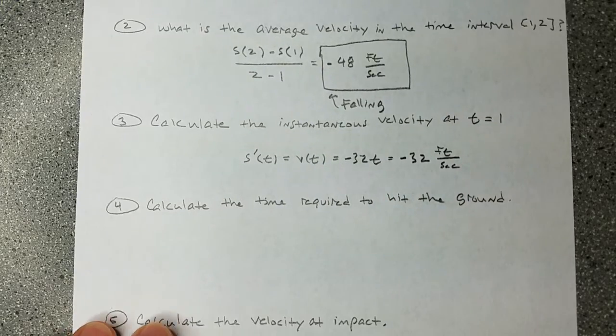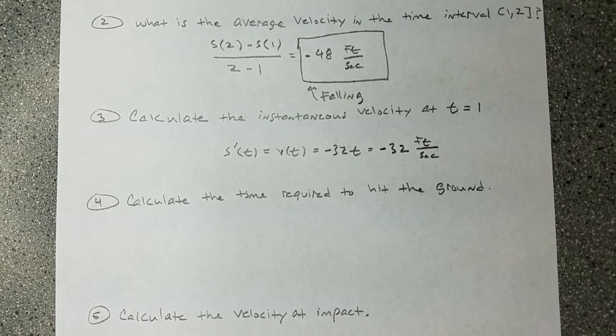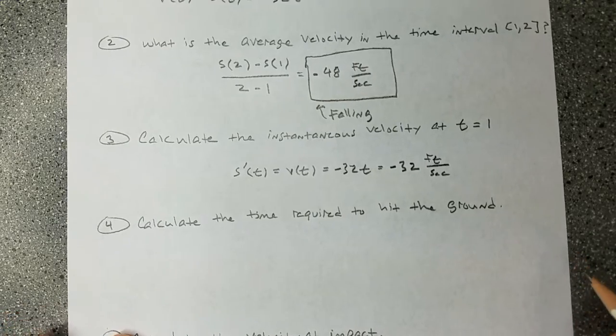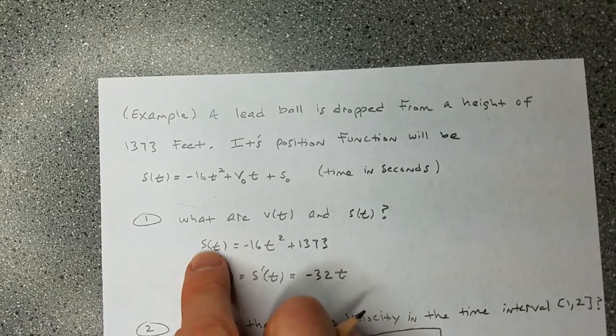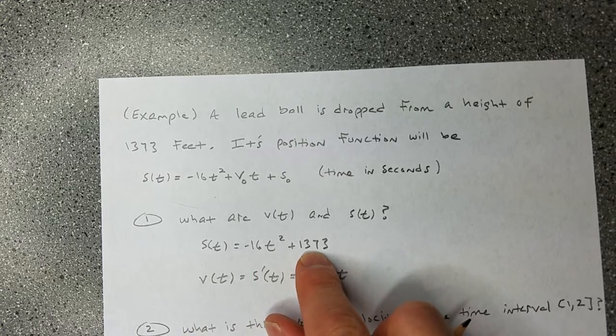All right, so this next part, we'll read it, maybe think a little bit about it before we decide how to do it. It says, calculate the time required to hit the ground. Let's think about how to use what we have to do this. I have something which tells me how high above the ground this object is at any moment.